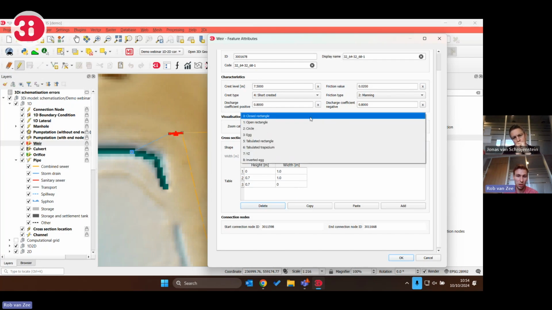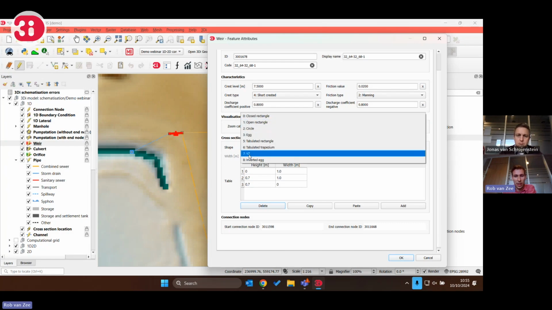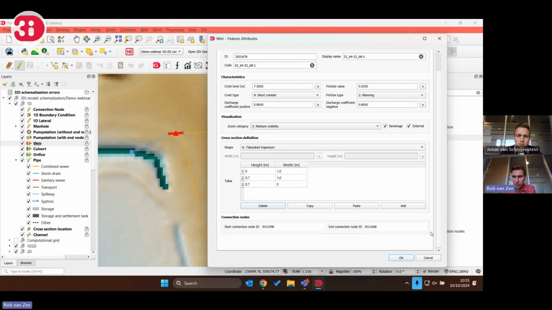You can also just choose an open rectangle. Then it's just a rectangular shape which goes as high as you want it to. Closed rectangle, then it's actually a closed shape on the top. Circle, an egg. You can go all wild with the YZ profiles. So there are a lot of different options.